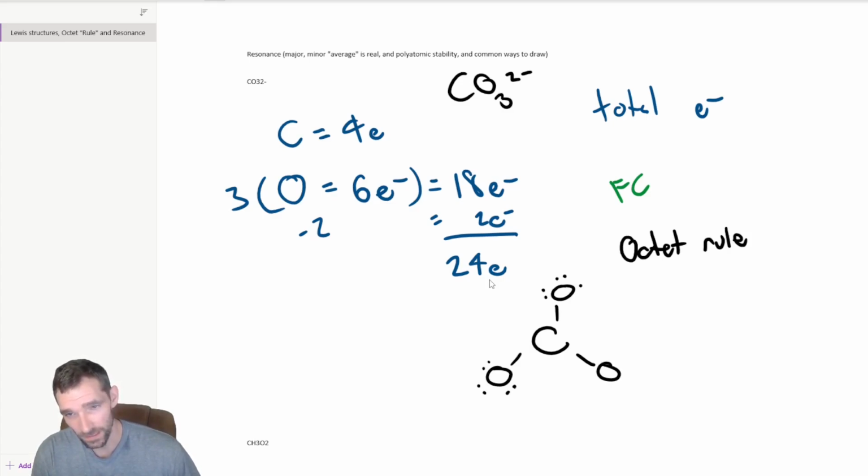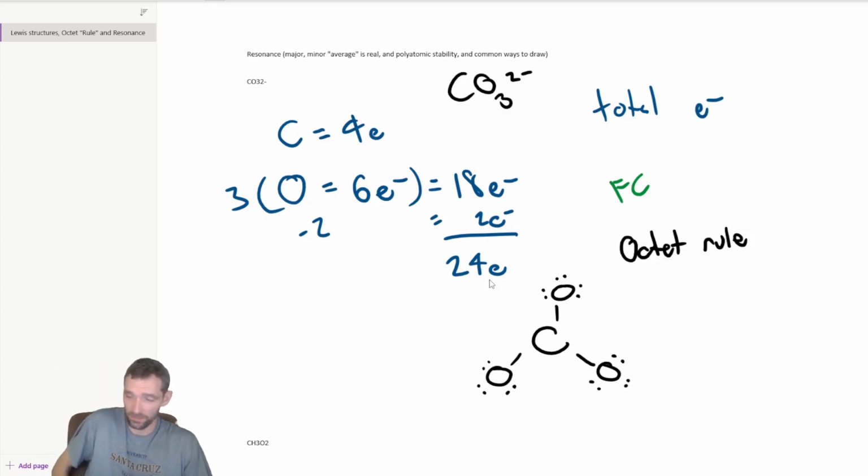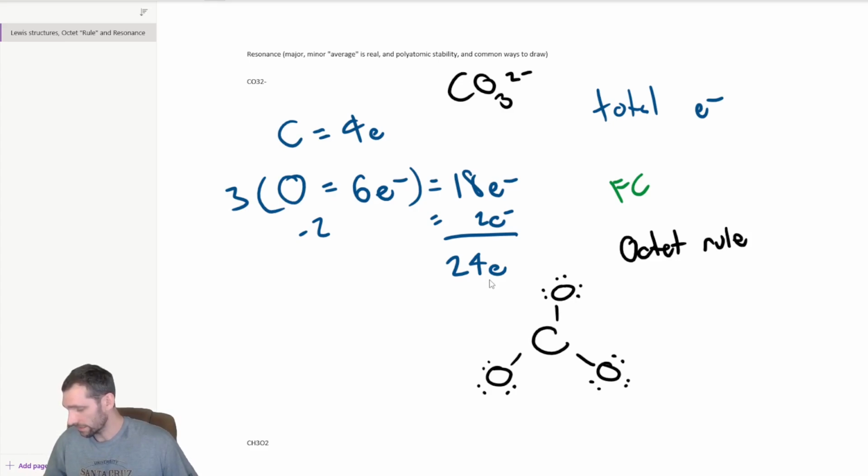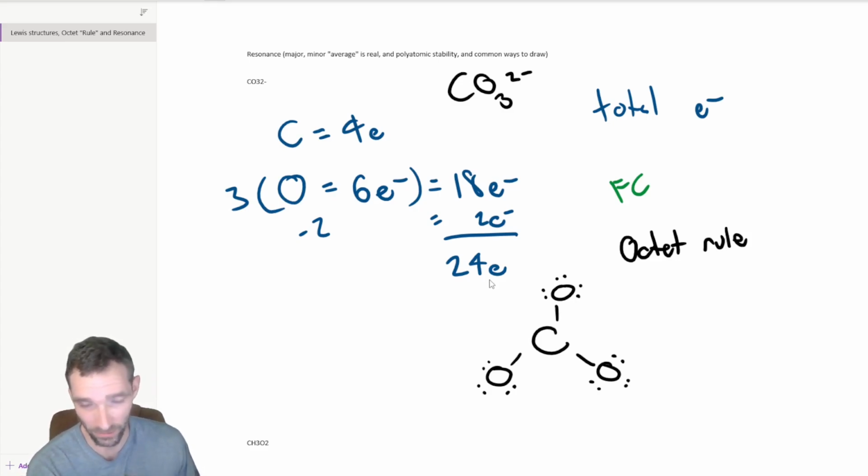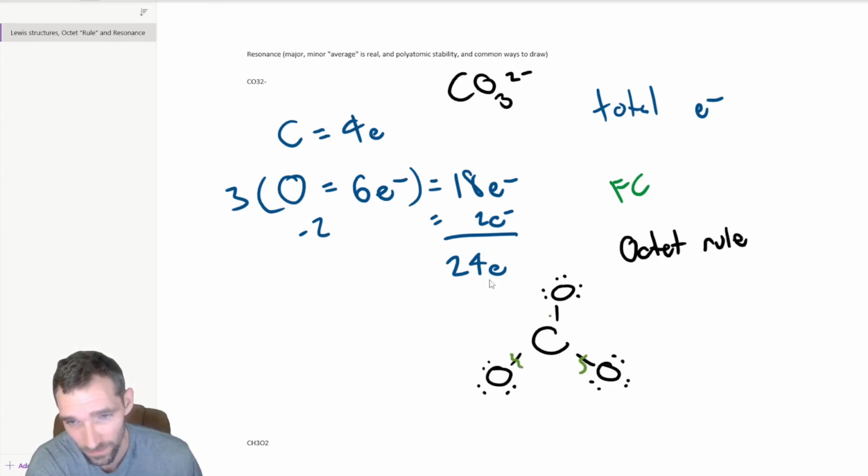Then you would take your carbon, you've got your 3 oxygens around that, and you start placing electrons on there. If you did something kind of like this, a lot of teachers are going to tell you that you are incorrect. That is not actually true. This is just a minor contributor. It's not as good as the other drawings. It's got issues with it, mainly the octet isn't being followed for the carbon. But here the oxygens are each getting a -1 charge, and the carbon's actually getting a +1 charge.